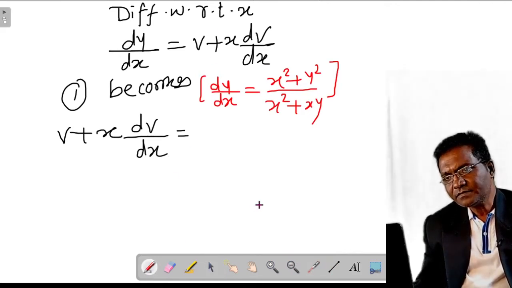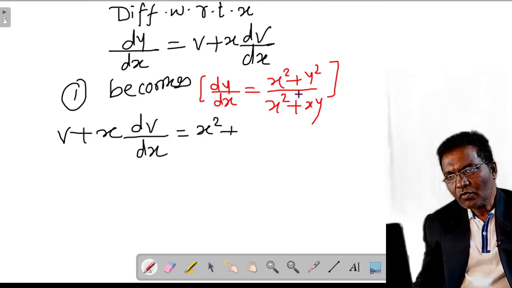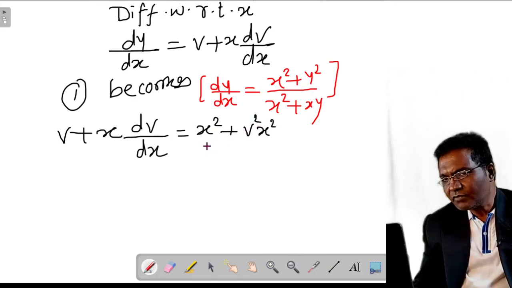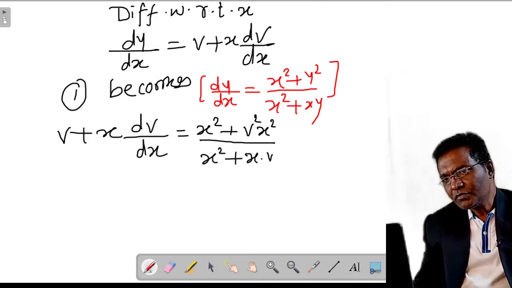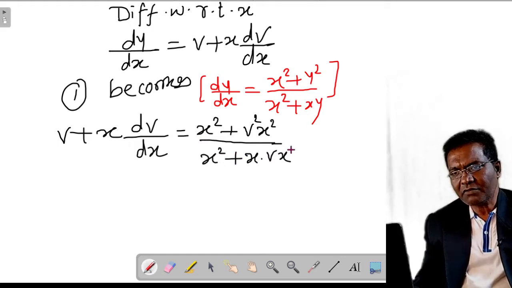x square as it is, y square means v square x square, because y is equal to vx. Here x square plus x into vx. Okay, y is vx.